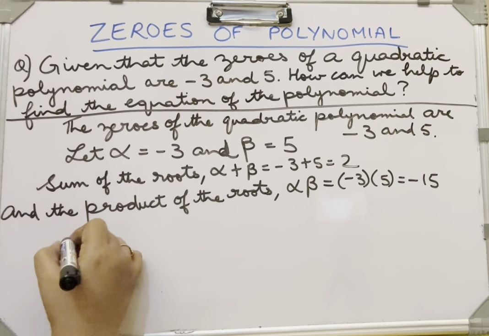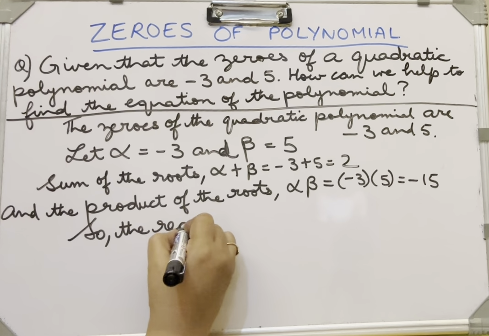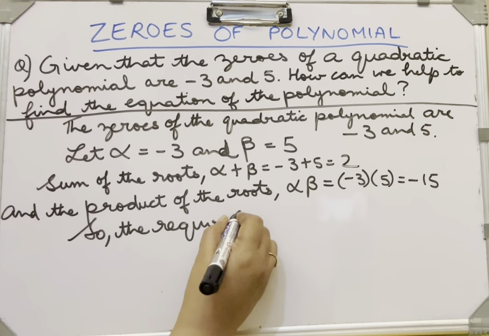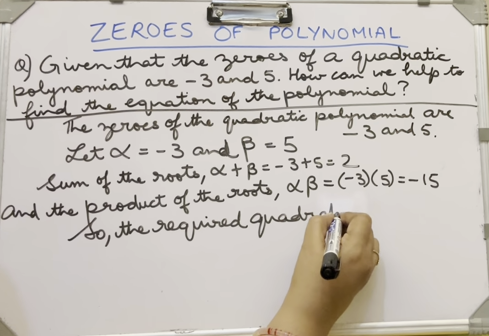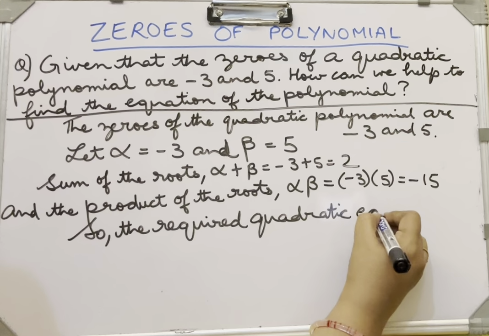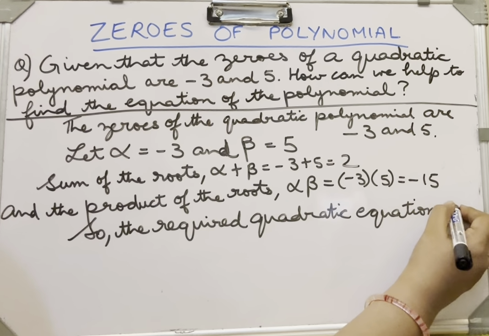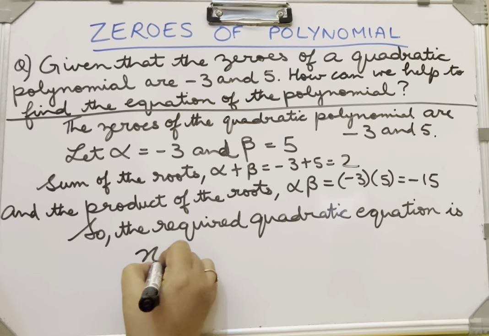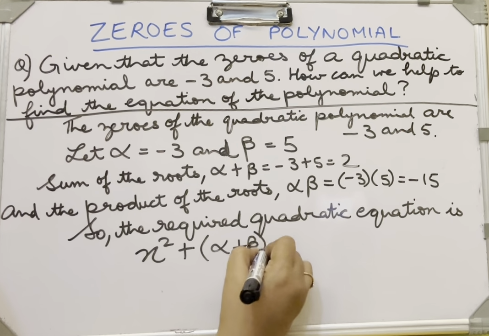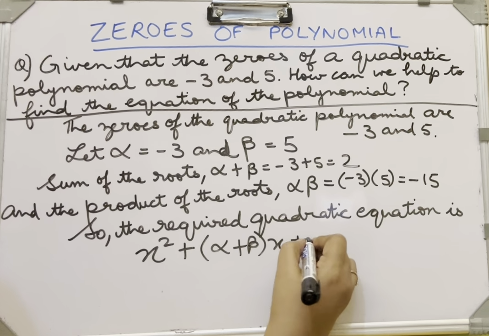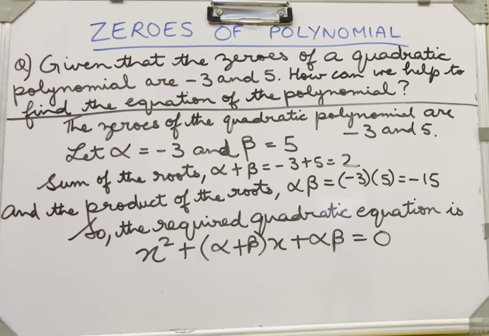So the required quadratic equation is x square plus (alpha plus beta) multiplied by x plus alpha beta is equal to 0.